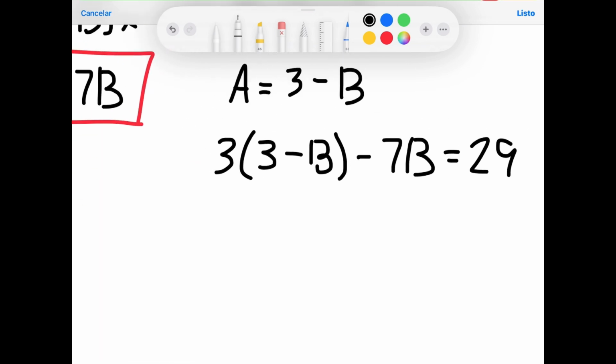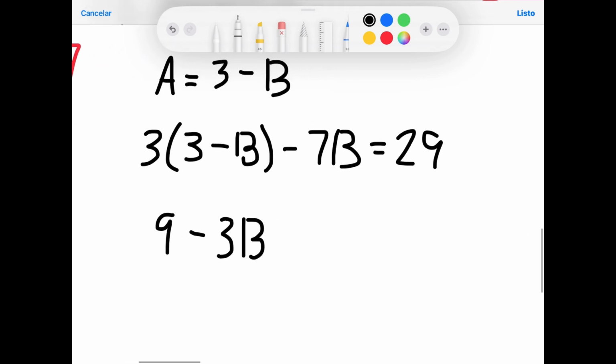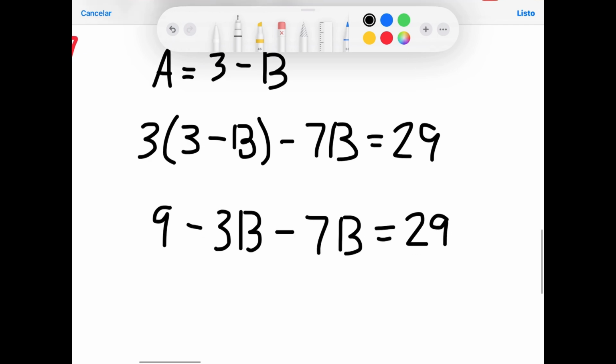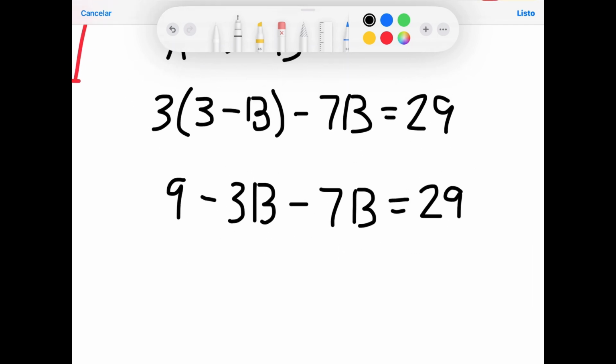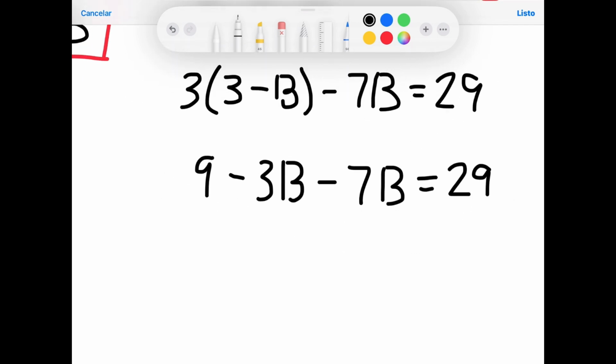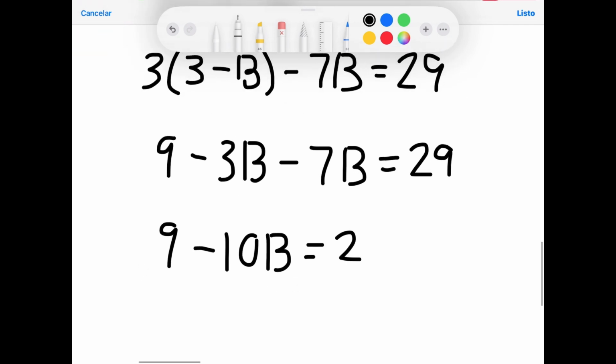I know 3 times 3 is 9, 3 times minus b is minus 3b, and I leave the rest the same. I now join these two like terms. I'll leave it like 9 minus 10b equals 29.